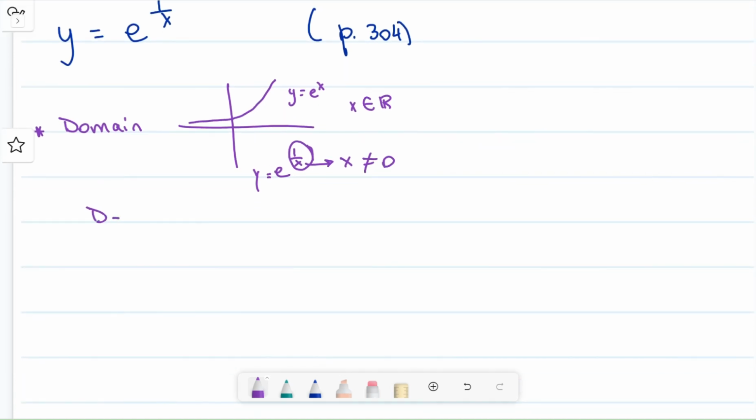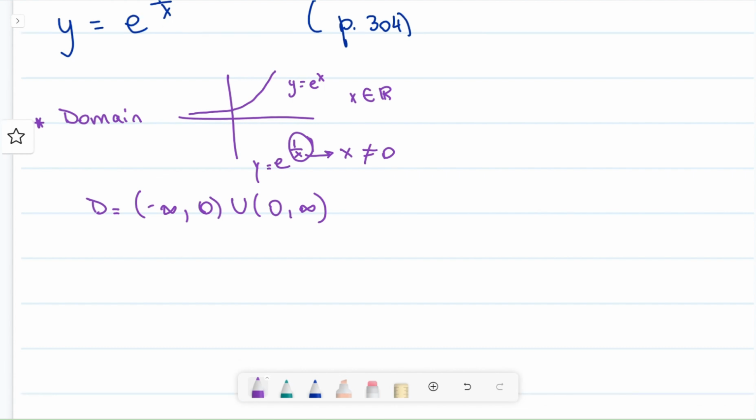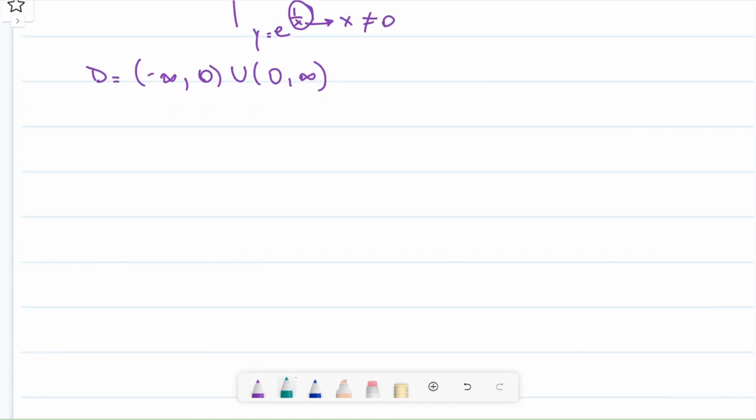So the domain of the entire function is all reals except 0, so we can write it with intervals: negative infinity to 0, with an open bracket at 0 because we do not want to include 0, union 0 to infinity. This is our domain. Now that we found our domain, we can move on to vertical asymptotes.